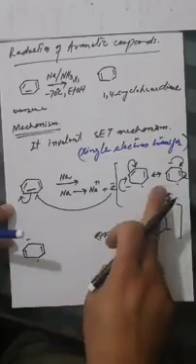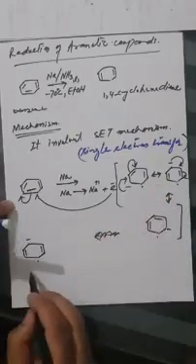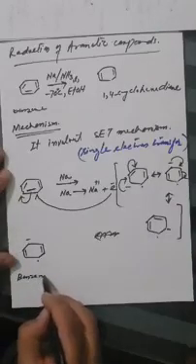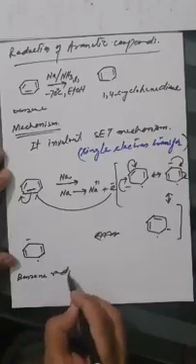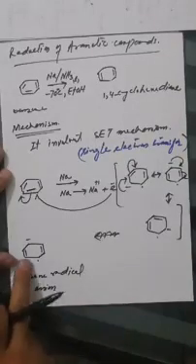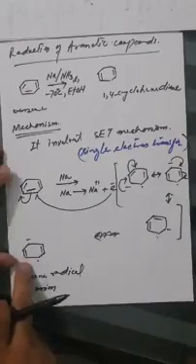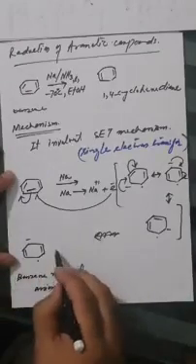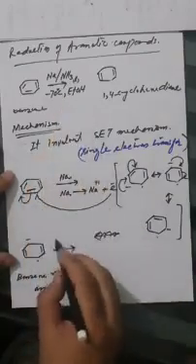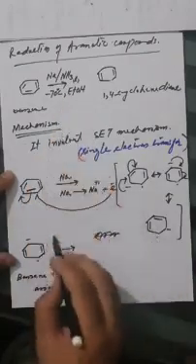What is the name of this? You should remember the name as well. This is benzene radical anion, and this is the most stable benzene radical anion. Then comes the part of this protic polar solvent, that is ethanol.